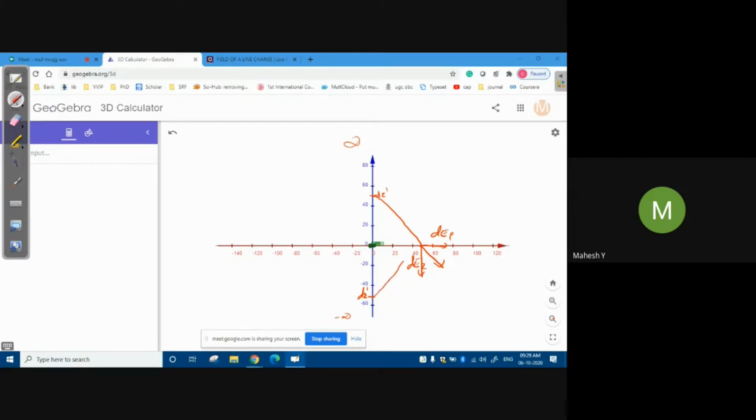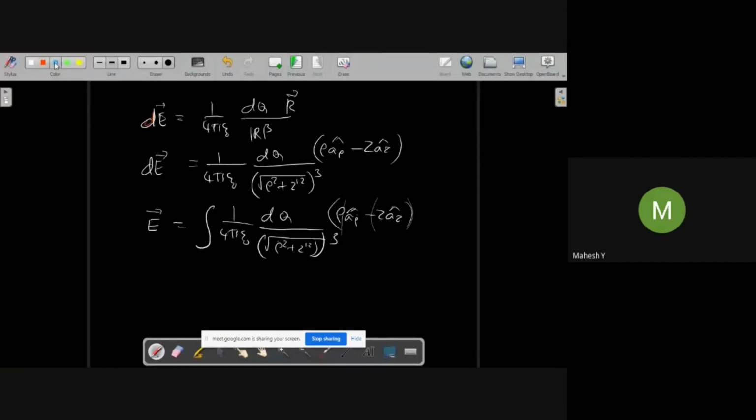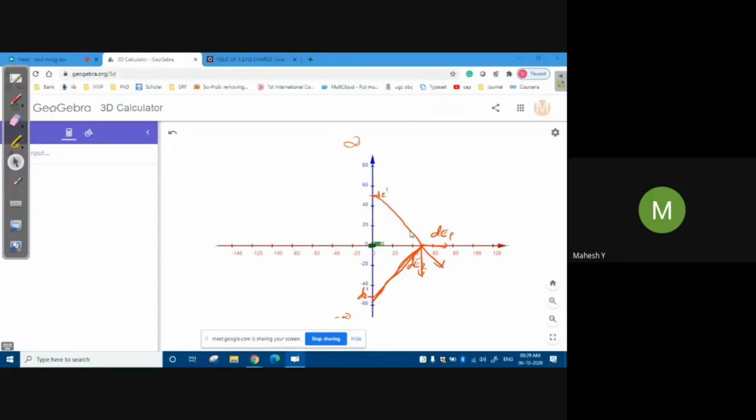It is in the line connecting, right? This is the line connecting that point. And I will use another color. Okay, so this is the line connecting these two. So can I write like this? The electric field intensity due to that dz will be in this direction.